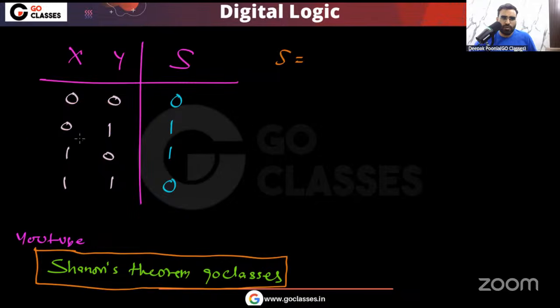So most of the students will just consider these two rows because here the function output is 1, and now let's write the min term for these two input combinations and we can do their OR. So here the min term will be x bar y, or here the min term will be x y bar. Yes or no?